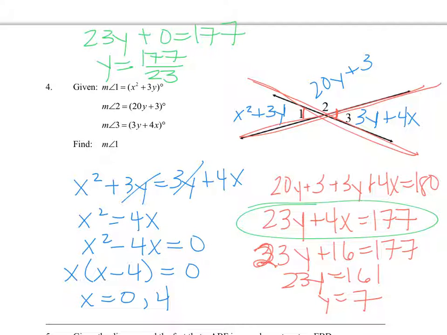Okay, so we have two values for x and two values for y. The question asks us to find the measure of angle 1. Well, for the pair of values when x is 4 and y is 7, the measure of angle 1 is 16 plus 21, so that is 37 degrees.